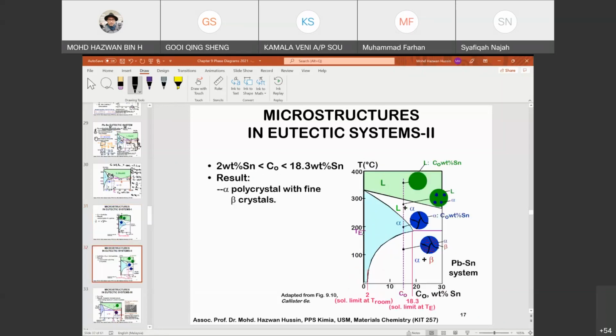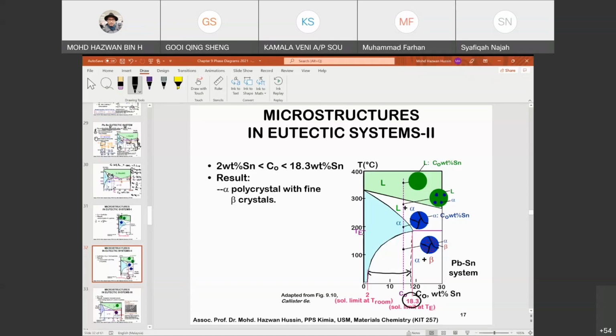The second region is between 2% and 18.3% of tin. 18.3 is somewhere here; I just dotted this line, and this is the range for this region. If we take an example of around C naught of 18% tin, at different temperatures you will get different phases.